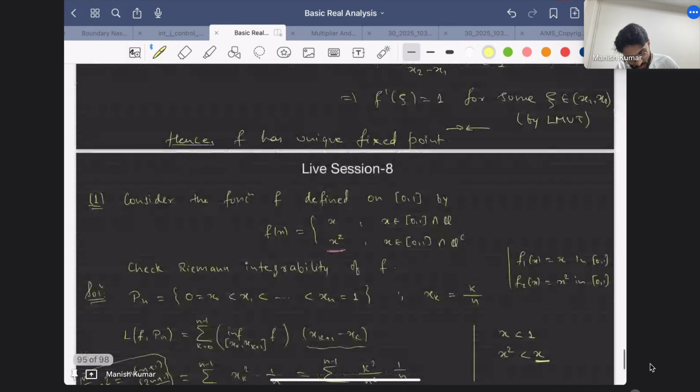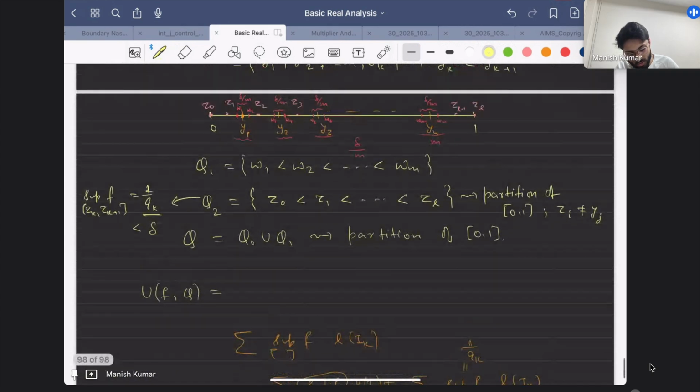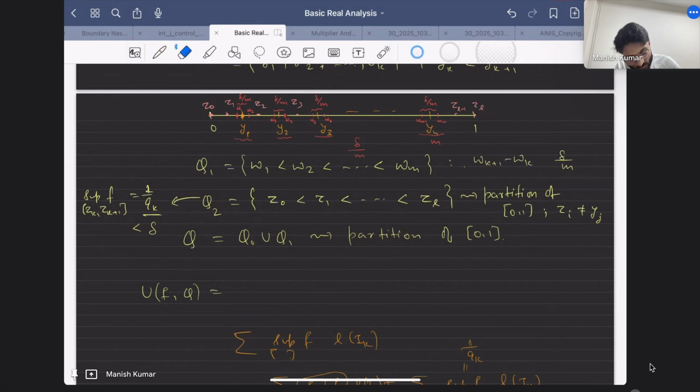The property is that the length wk plus 1 minus wk is equal to delta by m. This is the gap we are choosing, and q2 is any other points. Then q is just the union of q1 and q2. So this is the partition of the interval 0 1.